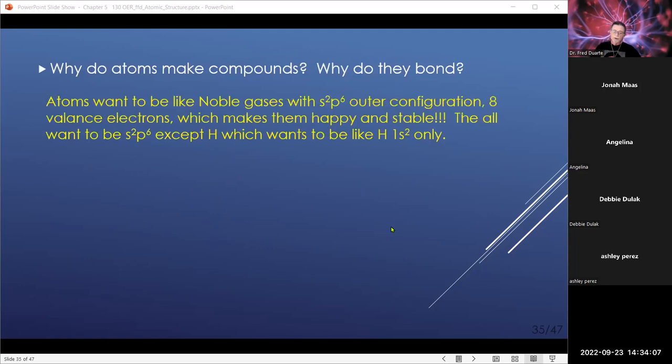Now, the question here is, why do atoms make compounds and why do they bond? Well, the driving force, like I stated, is to lose electrons to get to that happy 8. Now, of all the chemistry involved here, there are going to be 2 types of compounds.